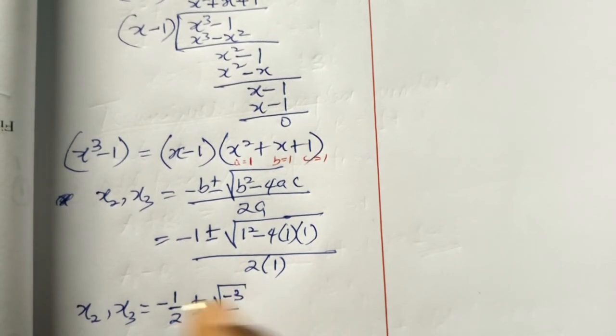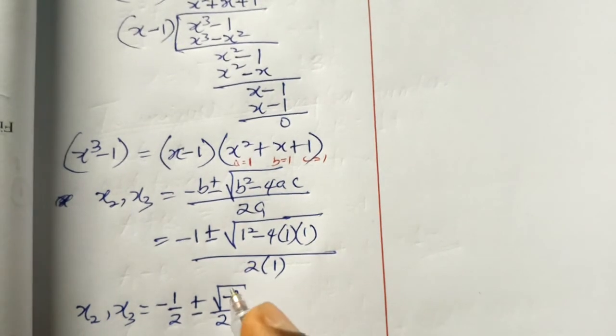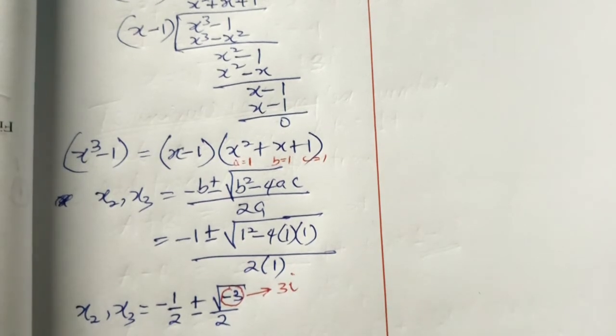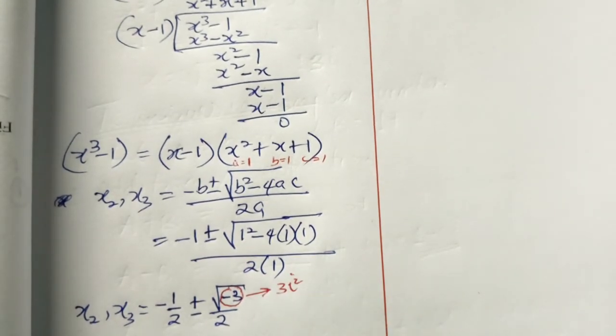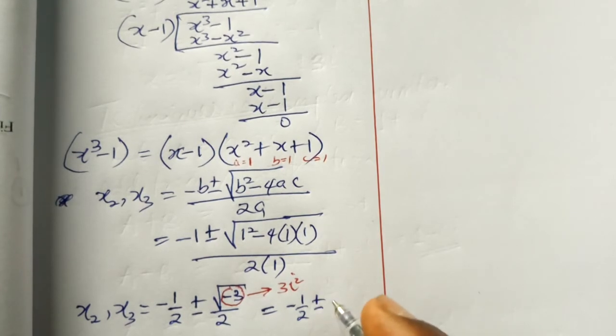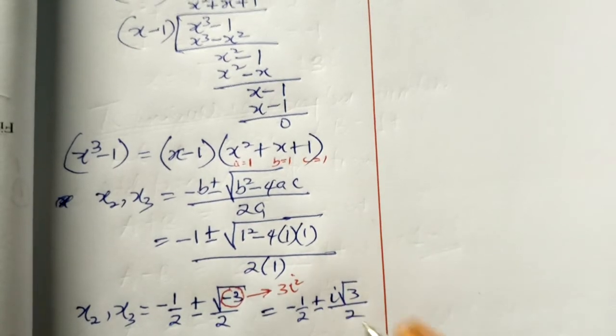And we have said that the root of minus 3 is equal to root 3 times i squared, so that it will give us minus 1 over 2 plus or minus i root 3, all over 2, because the square root of i squared is i.